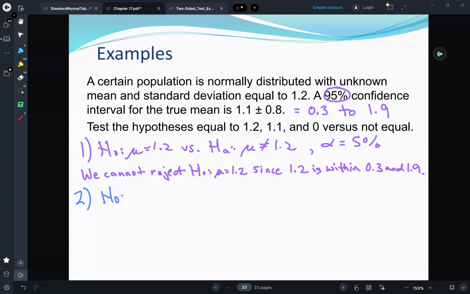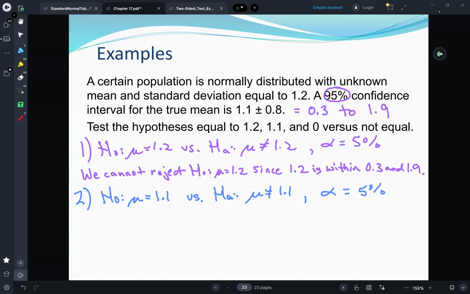Let's do number 2. Mu is equal to 1.1 versus it is not equal to 1.1. And we'll keep the same alpha because this is based on the same confidence interval, which is 95%. And so what would we say in this case? Reject or cannot reject? We're testing 1.1 and we're comparing it to the confidence interval. So we'll do the same thing like we did in number 1, but it's a different number.